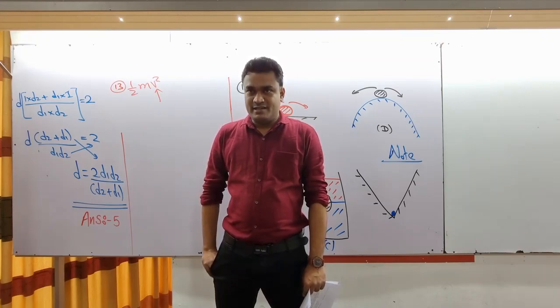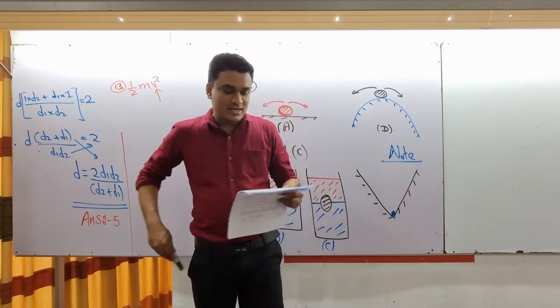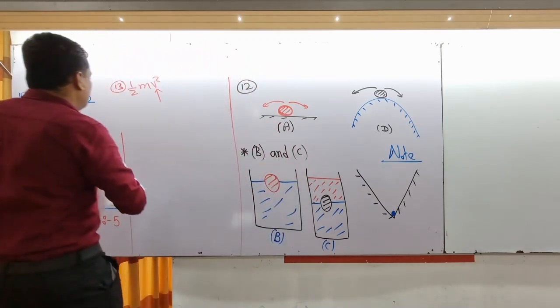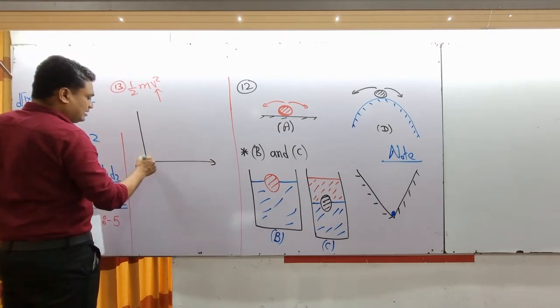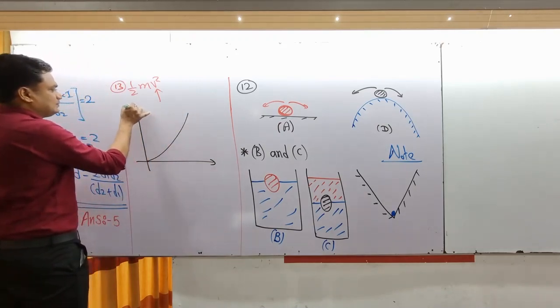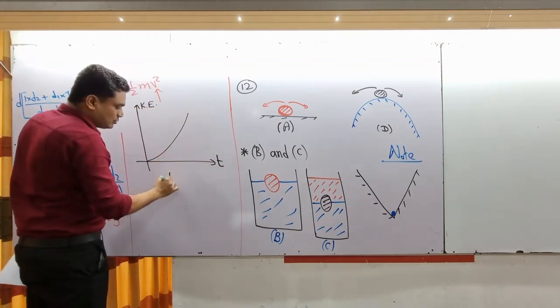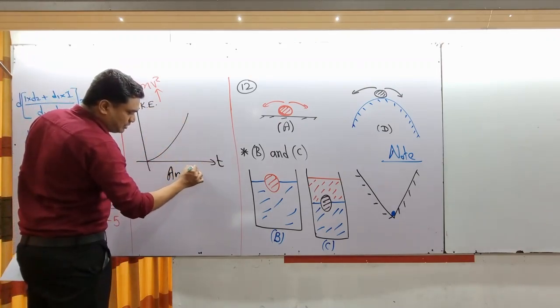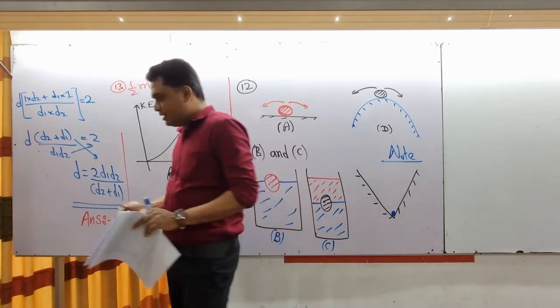Kinetic energy is increased as a curve with time. So the answer is 2. Will you please draw this graph? It should be a curve like this. It's better to draw the graph. So the answer is 2. It is impossible for it to be a straight line. Right?